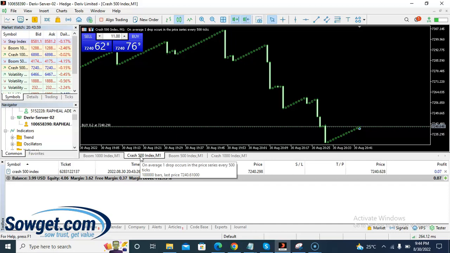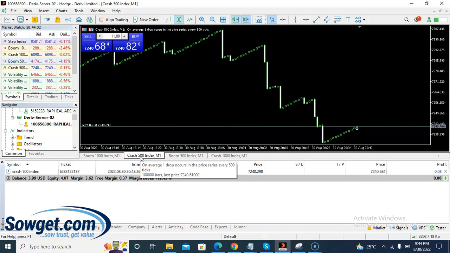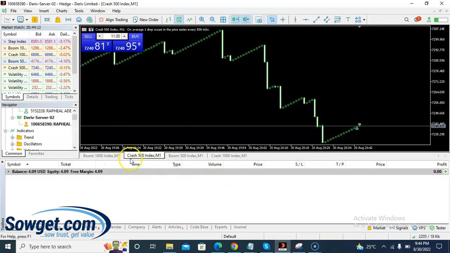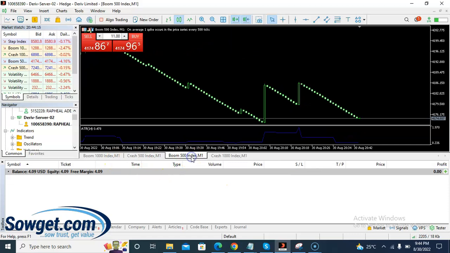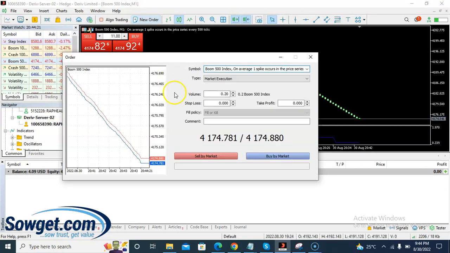So what you need to do is, whenever you want to trade, you just need to be aware of this before you trade on any of the markets. So let me just close this one here. Okay, so let's try on the Boom 500 if the leverage can still work on this. Let's say we also use 0.2.